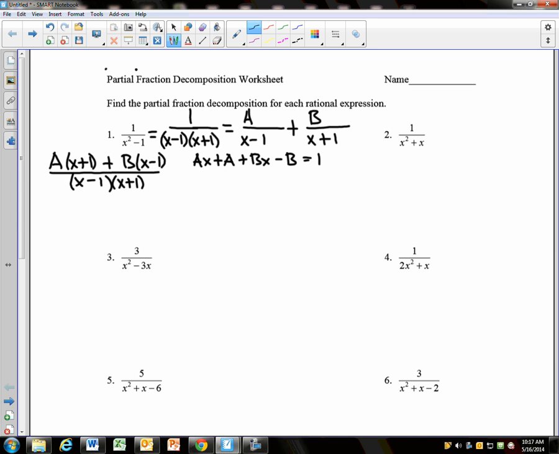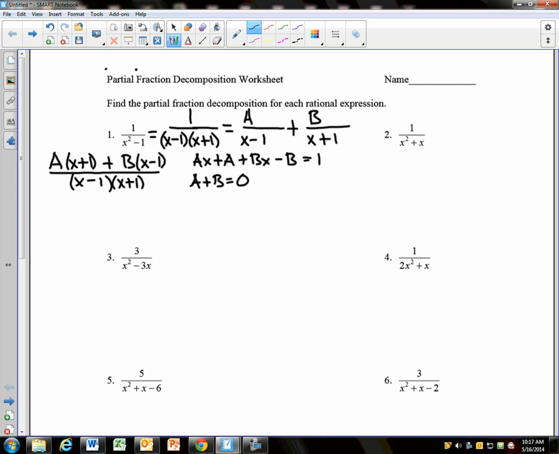Now something interesting here as you look at it. Here we have an X term, A times X plus B times X. Do you have any X terms in your resulting fraction? No. So therefore, A plus B should have to be equal to what? 0.